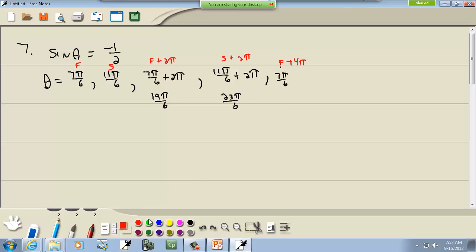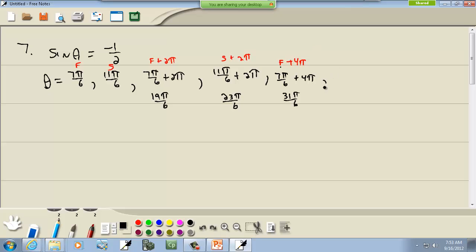Okay, that'll be better. Promise I'll wake up here. It's 4 pi. Okay, 4 times 6 is 24, plus 7 is 31. 31 pi over 6. Let me double check the rest of these. It's 11 pi over 6. And that's 12, 23. Okay.